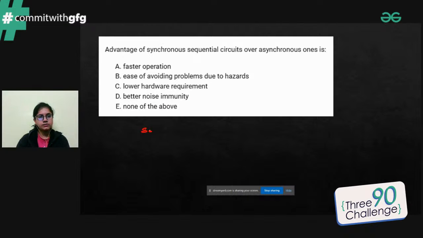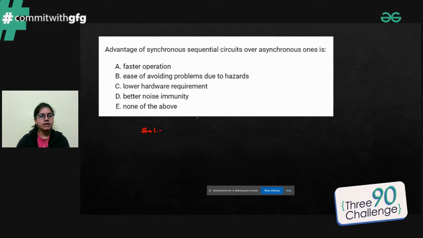So what is the solution for this? If you know that synchronous means less chance of hazards, but can only increase the delay. Synchronous circuits cannot have faster operation than asynchronous ones, but it is easier to avoid the hazards. So option A is false and option B is true.